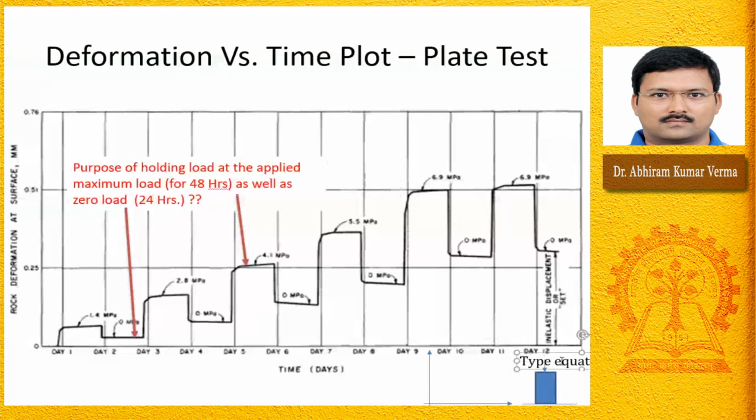We are applying some stress sigma. Maybe I am applying some 10 Newton load on this particular cross-sectional area. So we can find the stress we are applying: 10 divided by the area of cross section gives the value of stress.